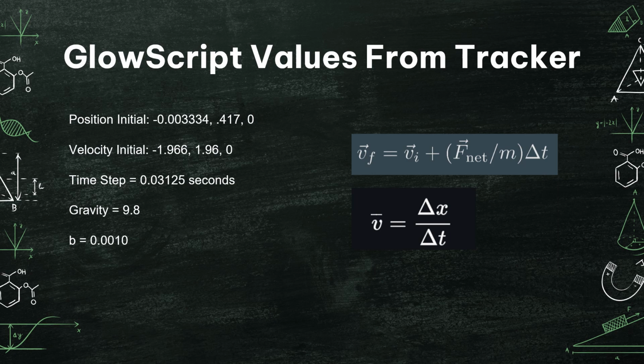And then we found the y initial by solving for y final when it hits its peak, when it's equal to 0, and setting that y initial equal to gravity times delta t at that given t. Gravity in this case we're going to be saying 9.8, and the proportional drag force constant, through trial and error, we found that it was 0.0010.